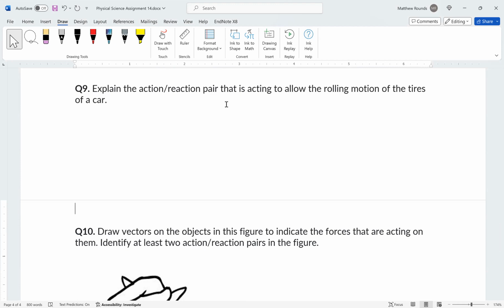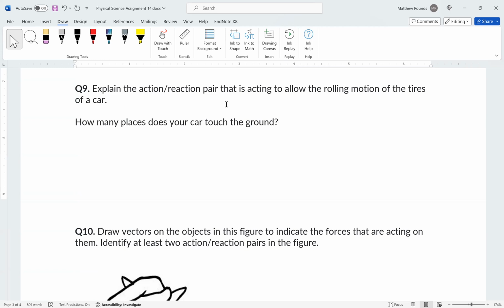All right. Explain the action reaction pair that is acting to allow the rolling motion of the tires of a car. So first question to you, hopefully this is obvious, is how many places does your car touch the ground? What does touch the ground on the car?